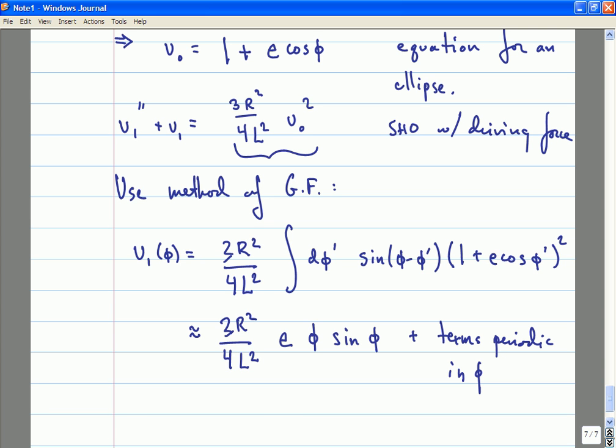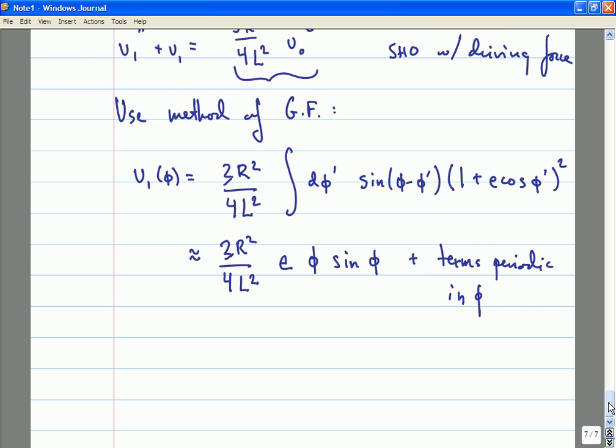So what is u? So u is equal to u0, which was 1 plus e cosine phi. And then the first correction term is e times 3r squared over 4L squared phi sine phi, plus terms which we're going to neglect because they just oscillate.